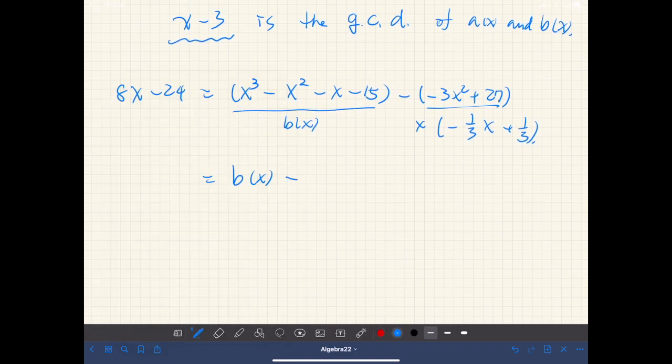Okay, so this is a of x minus 2 times b of x times negative 1/3 x plus 1/3. And so let's expand this. We have a of x, so this times this.